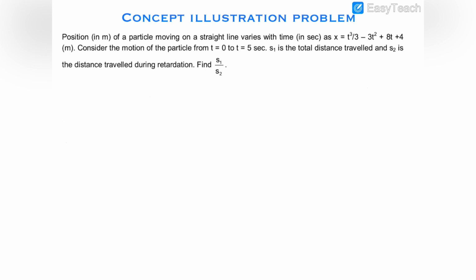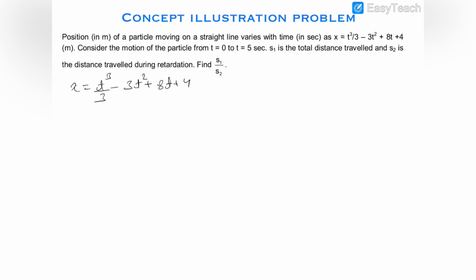This is another concept illustration problem, and as you can see, the displacement in this problem is given as x equal to t cube upon 3 minus 3t square plus 8t plus 4.